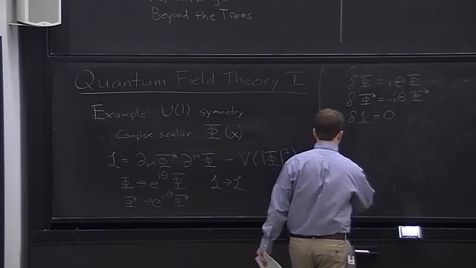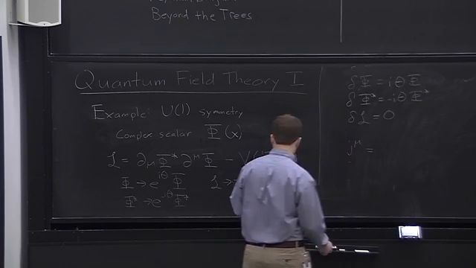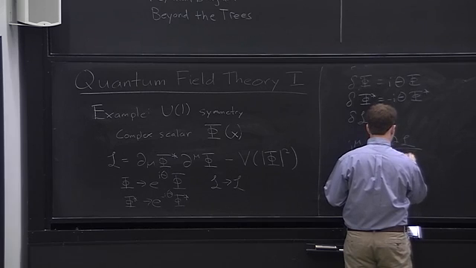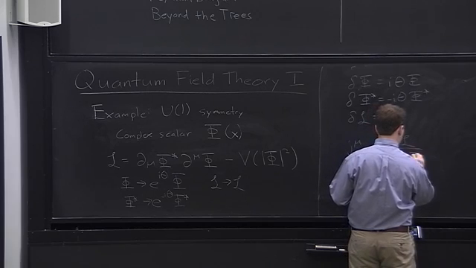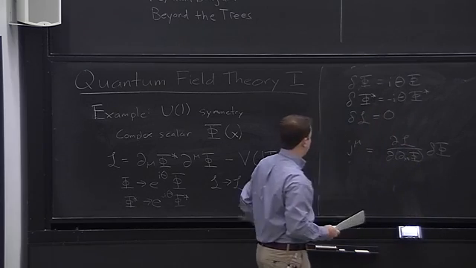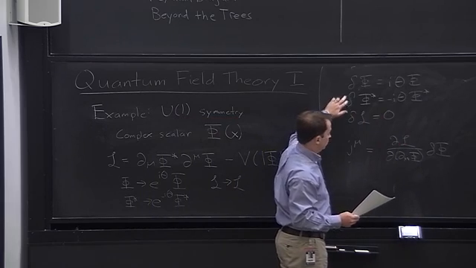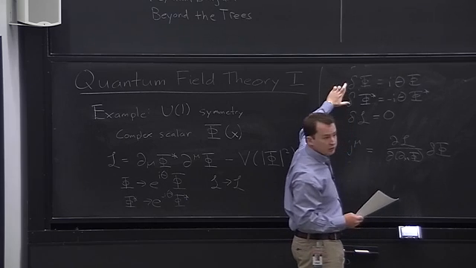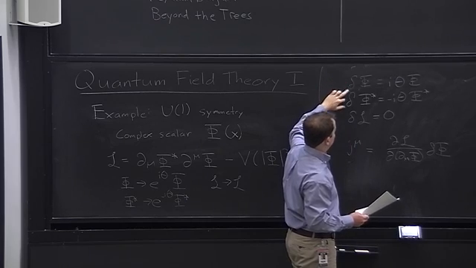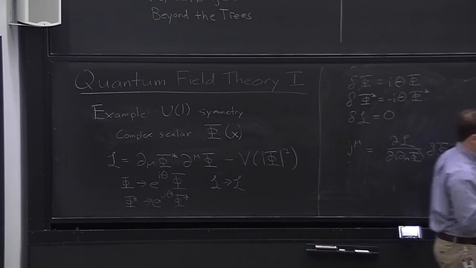So then we can apply our formula for J mu. And so we get the usual term. But we need to account for the variation in phi star. So unlike before, we, in a sense, have two fields here. We can think of phi and phi star as transforming independently, subject to these relations.